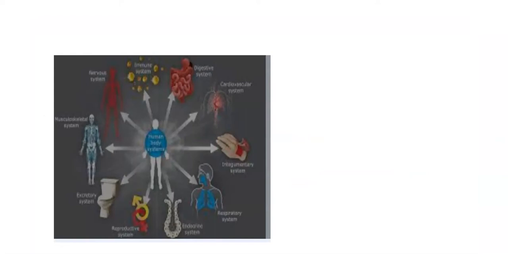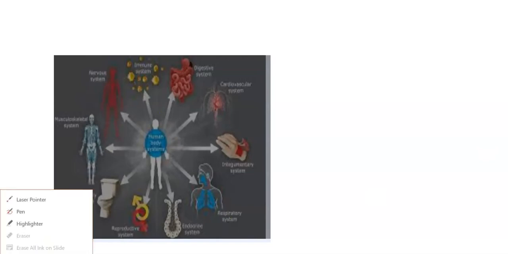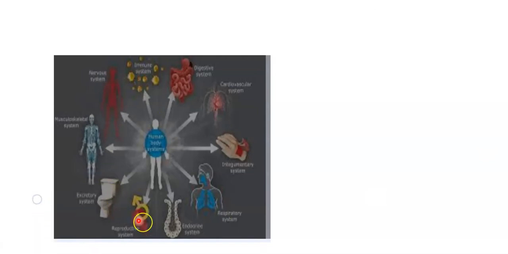Think about the human body as a system. We have several systems, several organs, like the digestive system, the respiratory system, and the musculoskeletal system.